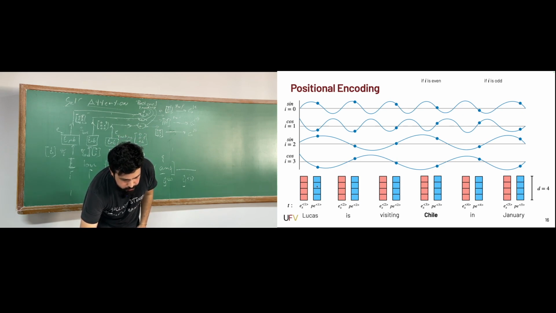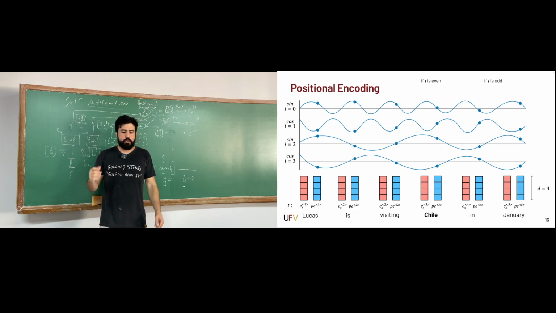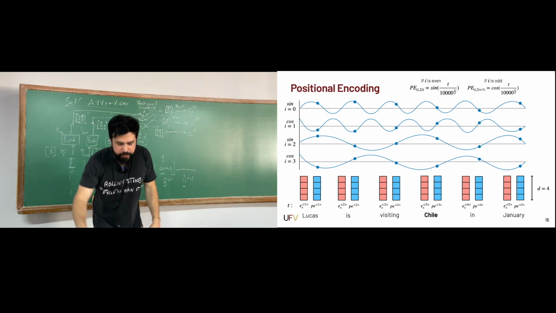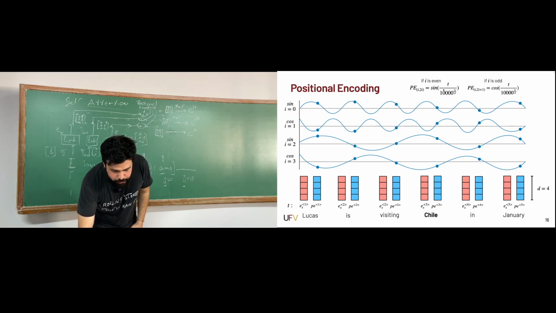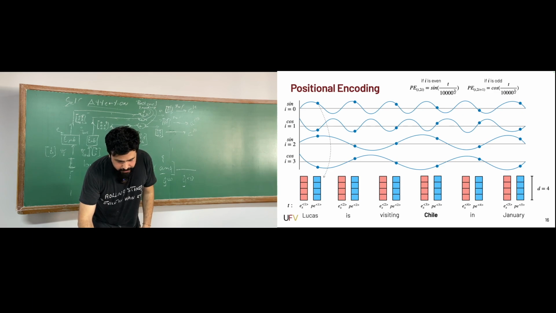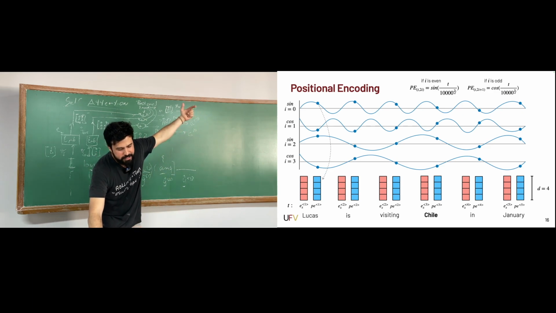Dimension 1 is this dimension here. Dimension 2 and 3. So you produce a different sinusoidal for each dimension. And if I is even, you use a sine. And if I is odd, you use a cosine. And what you're going to do is then sample from the sinusoidal to add the positional information, like this.